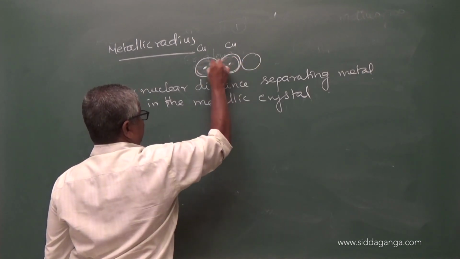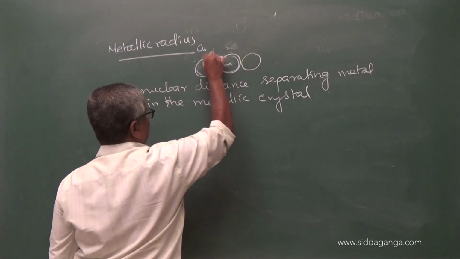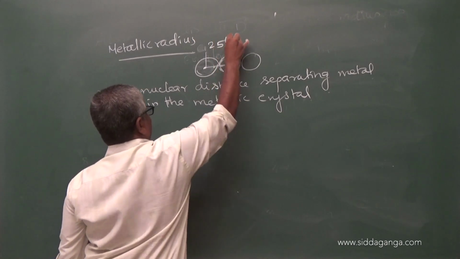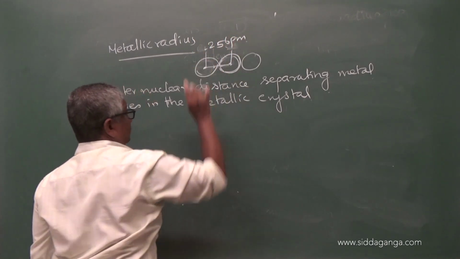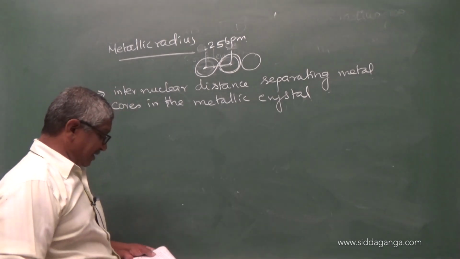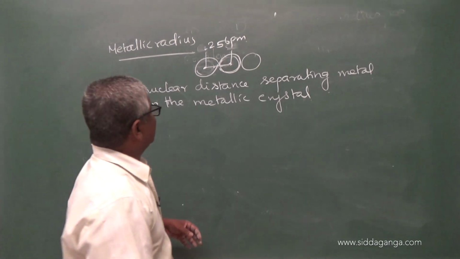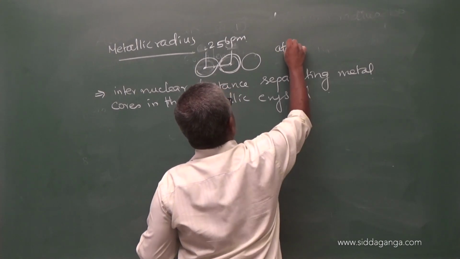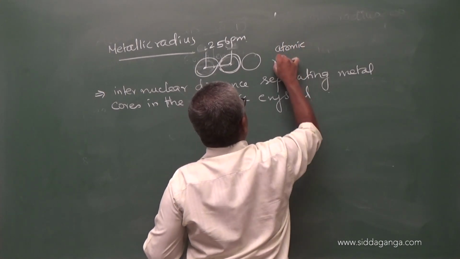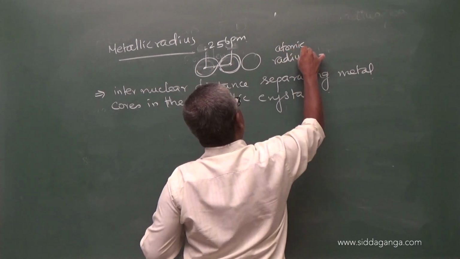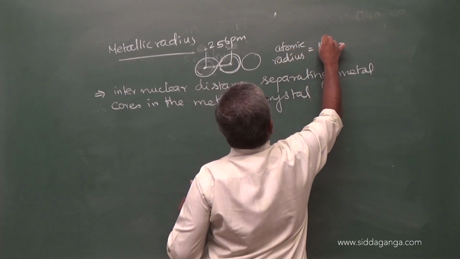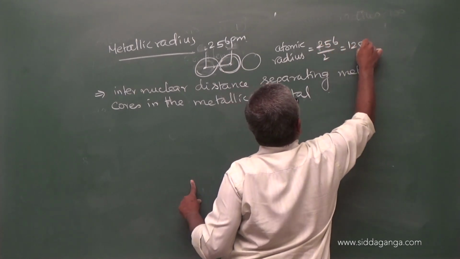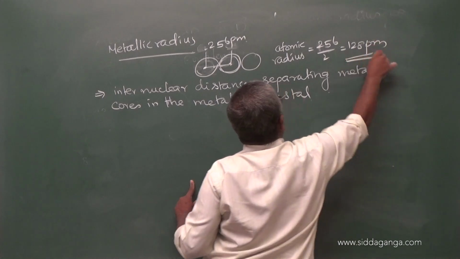The distance between the two copper atoms is 256 picometer. If it is 256 picometer, then the atomic radius is 256 divided by 2, it is 128 picometer.